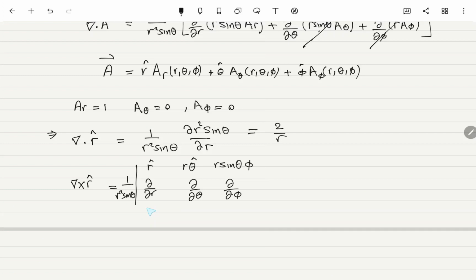Now, A r is equal to 1, A theta is 0, A phi is 0. When you do this determinant, curl r hat will be equal to 0.